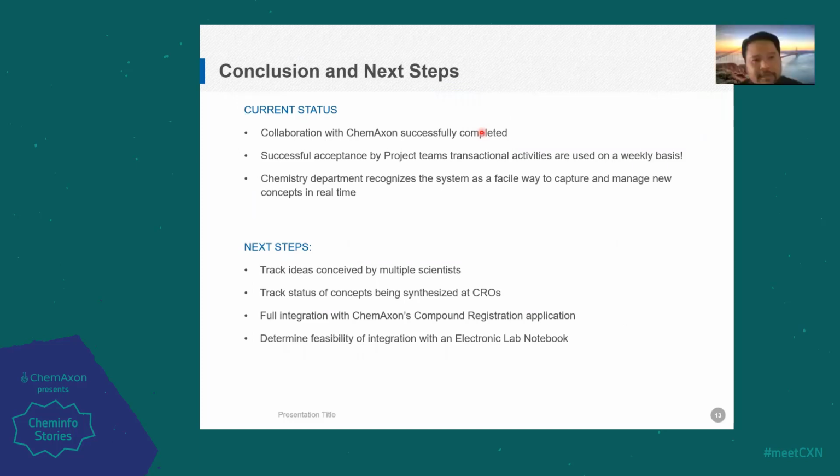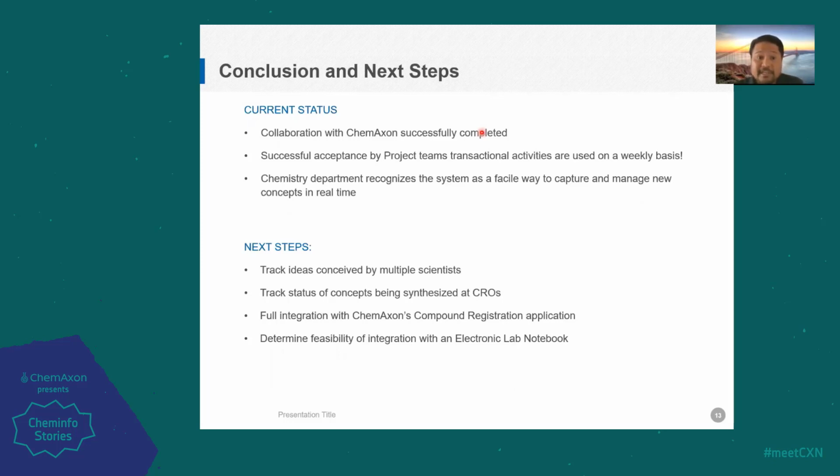Right. Thanks, Kevin. So hopefully that was pretty helpful. In this short talk we described how we were able to manage a manual workflow and automate this, and now we have a successful tool which got completed earlier this year, and it's widely accepted by the project teams, and it's used on a weekly basis.